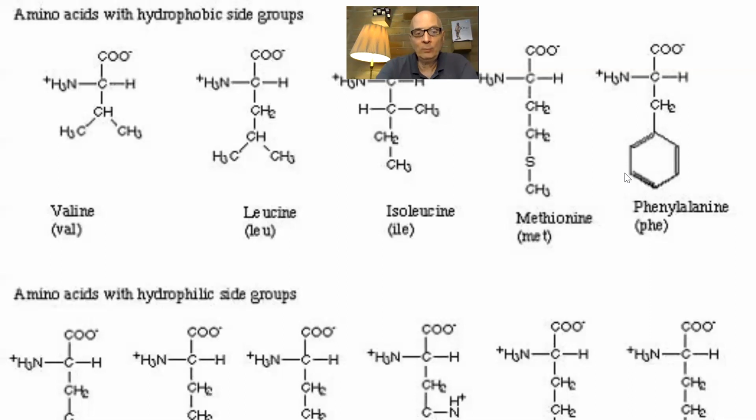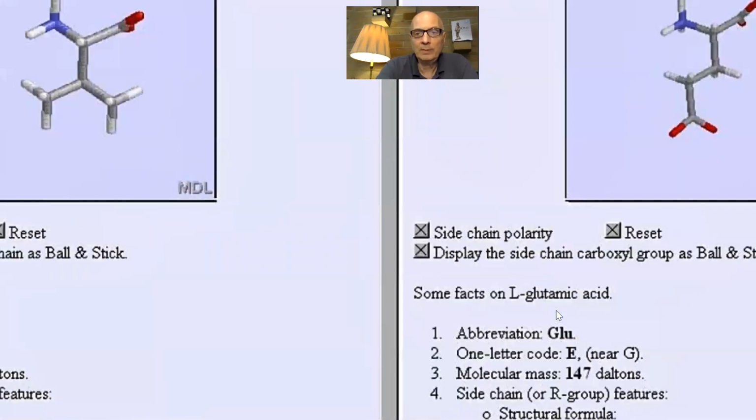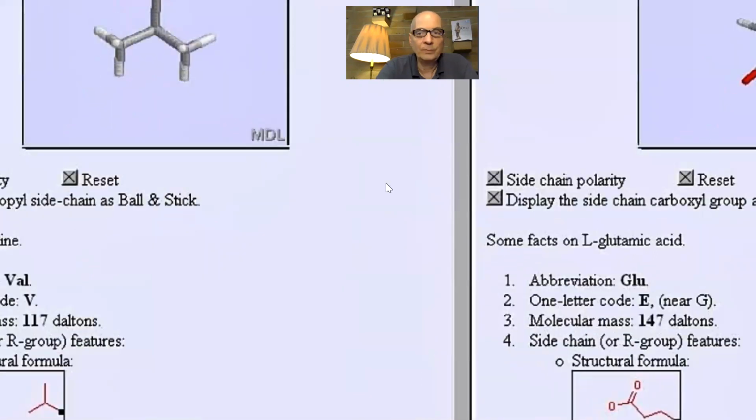Now, let's look in more detail into valine and glutamate here. I have another couple images here. There is glutamic acid, also called glutamate, on the right-hand side. We have valine on the left-hand side. This is the amino acid in HBB. This is the amino acid in sickle cell beta globin. Now, we see some of the characteristics lined up down here, and I want to zoom in a little bit more so that we can look at those.